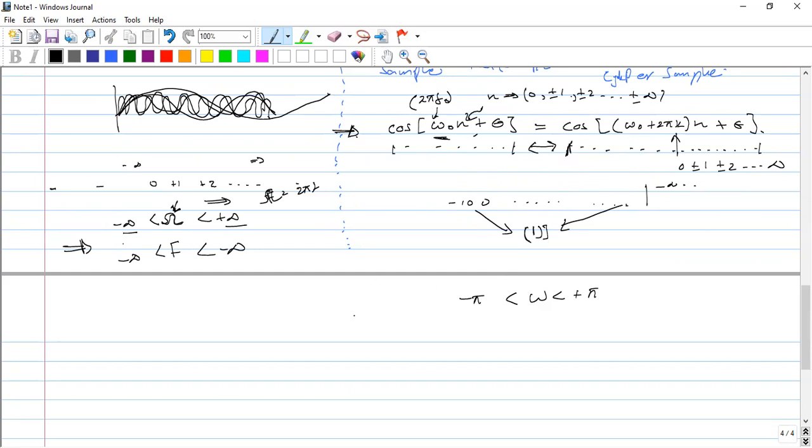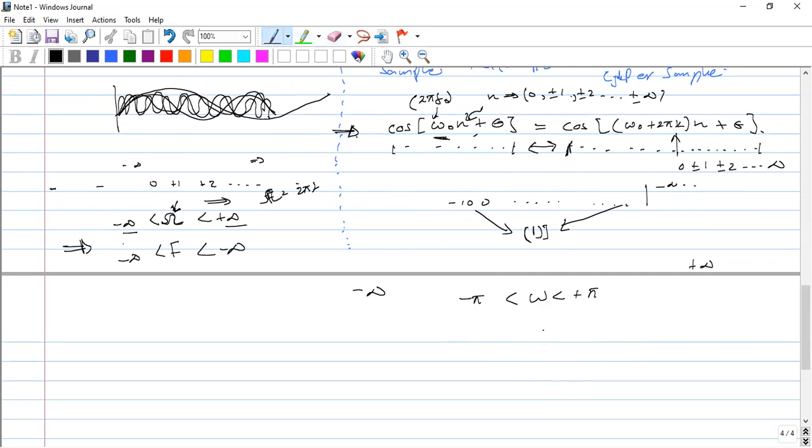This omega can also range from -infinity to +infinity, no problem, but all these values will map to the -pi to +pi range. All the frequencies will be mapped within this range. Here omega is from -infinity to +infinity. We will see this in Matlab.